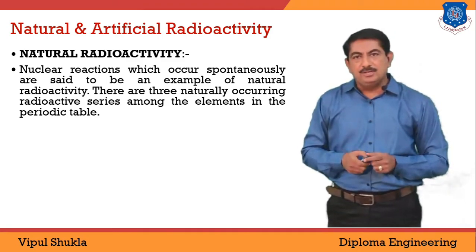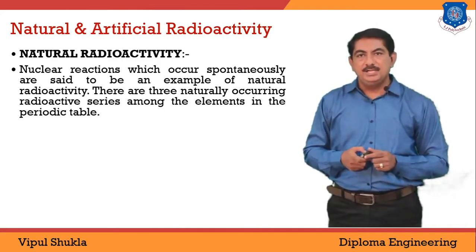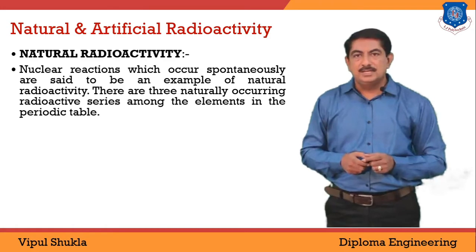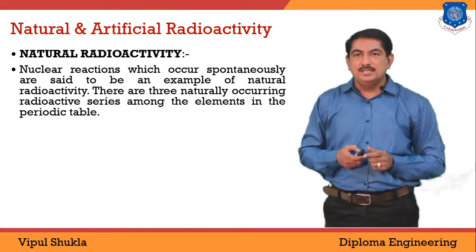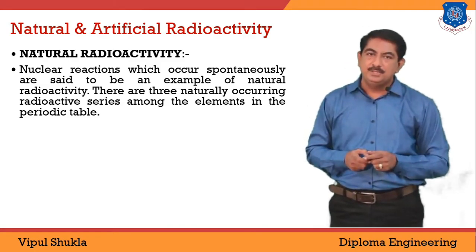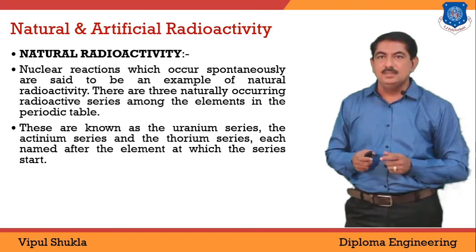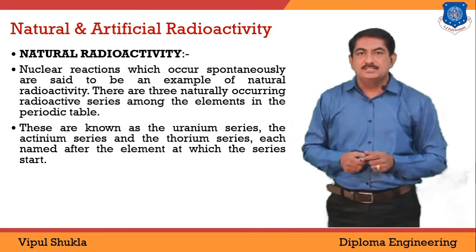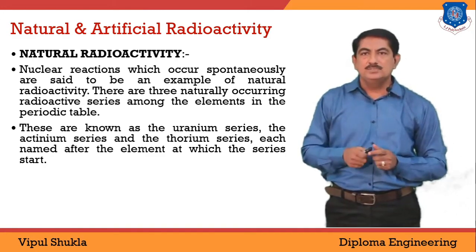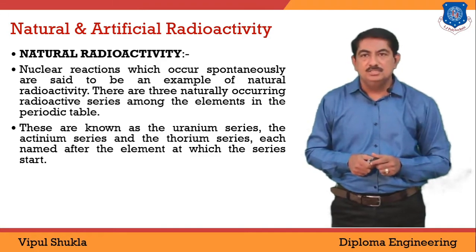Nuclear reactions which occur spontaneously are examples of natural radioactivity. There are three naturally occurring radioactive series among the elements in the periodic table given by the scientist Mendeleev. These are known as the uranium series, the actinium series and the thorium series, each named after the element at which the series starts.